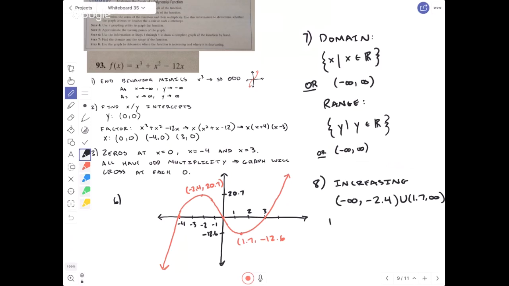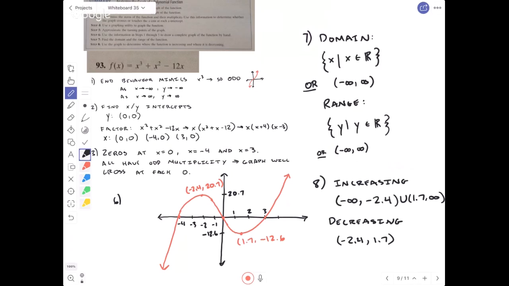And then the graph is decreasing on the interval from negative 2.4 to 1.7.